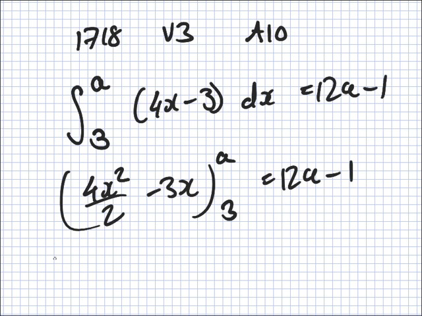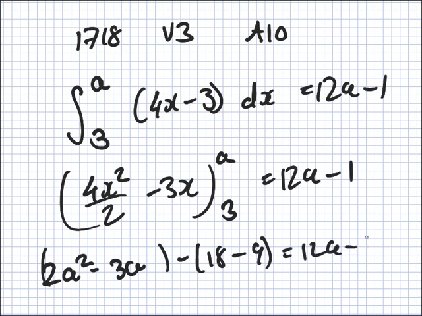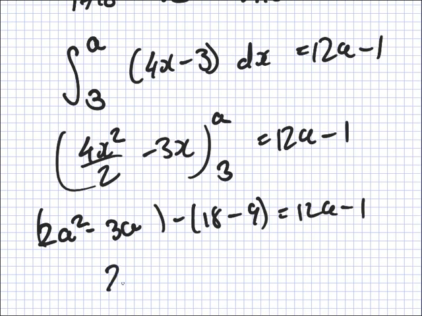Putting in the a, that's 2a squared minus 3a. Putting in the 3, that's 9 times 2 is 18, minus 9, equals 12a minus 1. So that's 2a squared, minus 3a minus 12a is minus 15a. 18 minus 9 is 9, minus 9 plus 1 is minus 8.